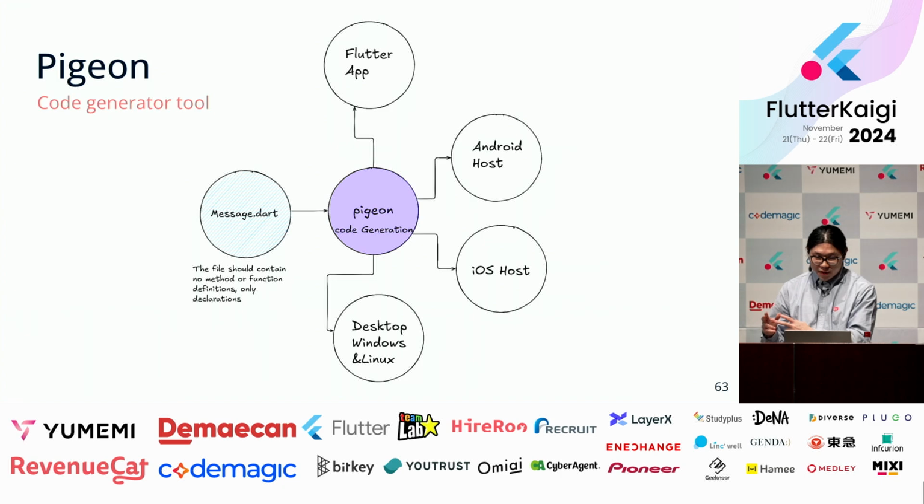Using Pigeon itself is not difficult. As shown in the picture, you can define your methods and data types in a Dart file named message.dart, and Pigeon will automatically generate the necessary code for each platform. You can name the file whatever you like.